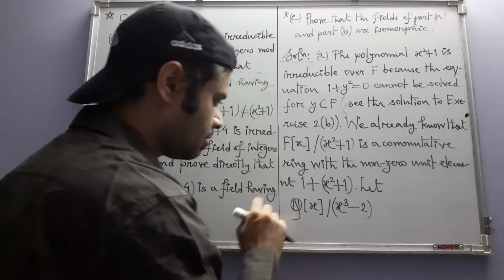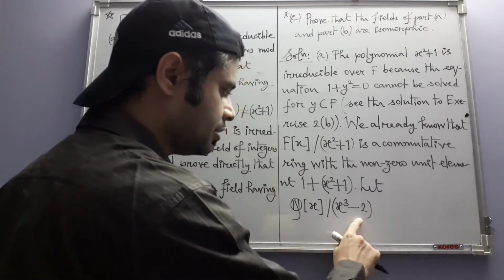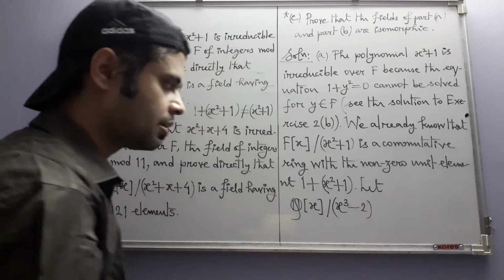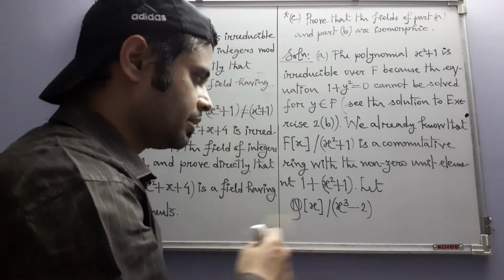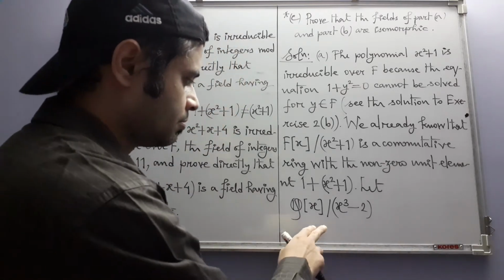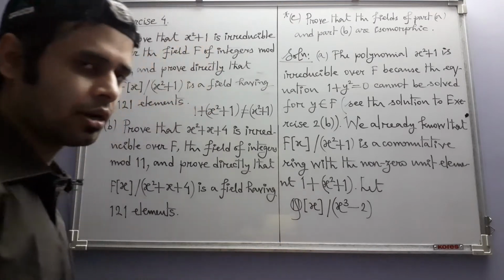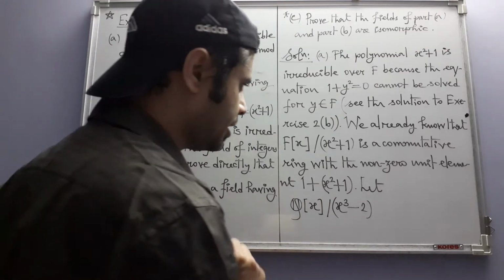There we saw that every element in this quotient ring can be uniquely expressed as a polynomial of degree at most 2 with coefficients rational numbers. A similar thing can be done here.